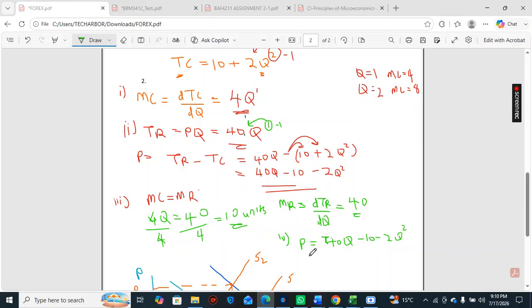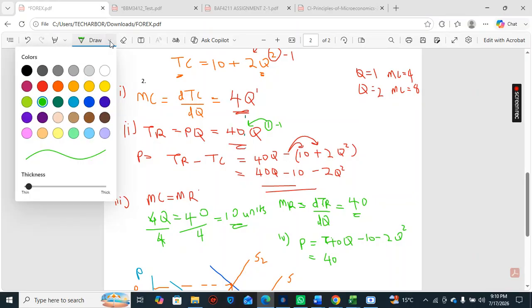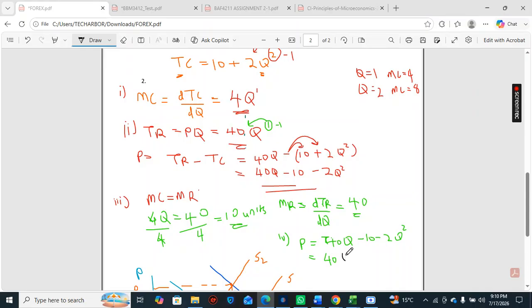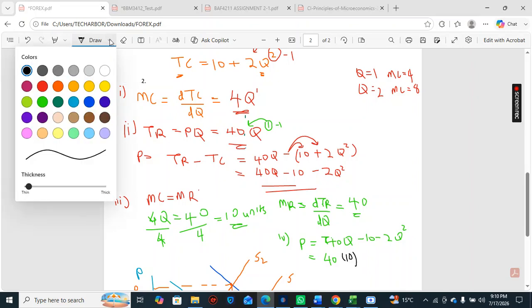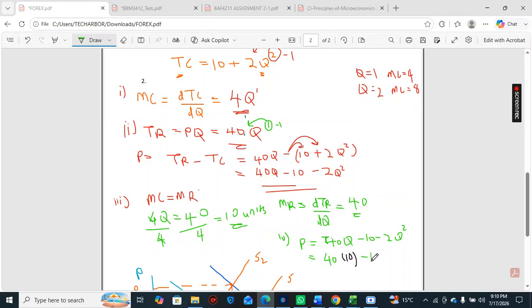So where there's Q, we substitute it with 10. So we're going to say here 40 multiplied by 10 minus 10 minus 2 times 10 squared.